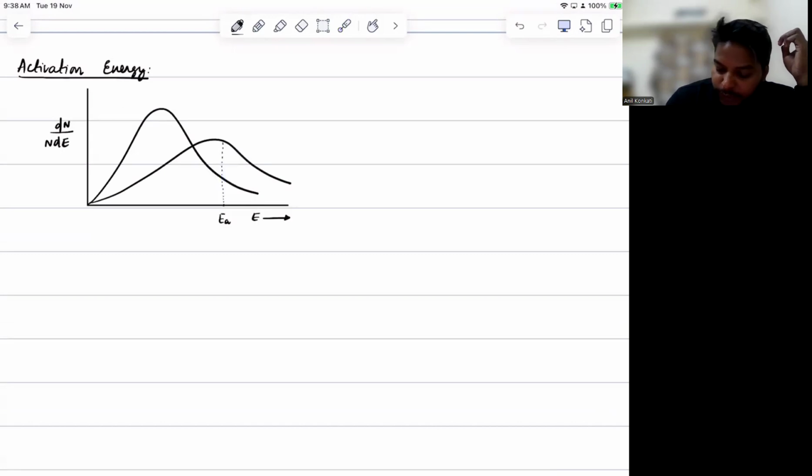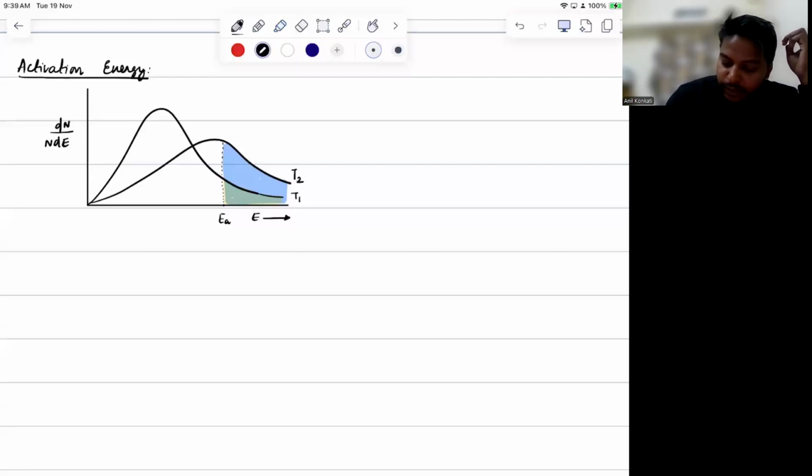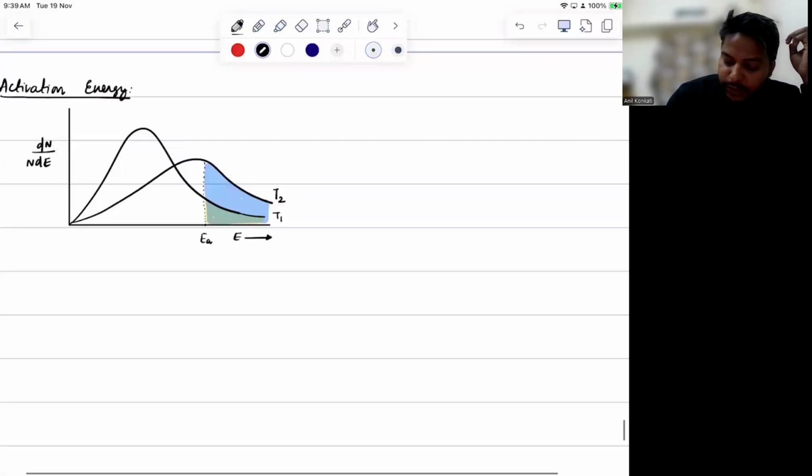Now, if you compare this value here, this area, you notice this area is at a temperature T1, while if you compare this entire area, that is at temperature T2, and T2 is T1 plus 10.